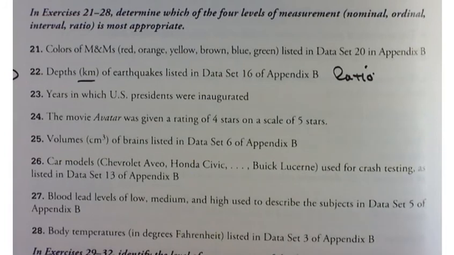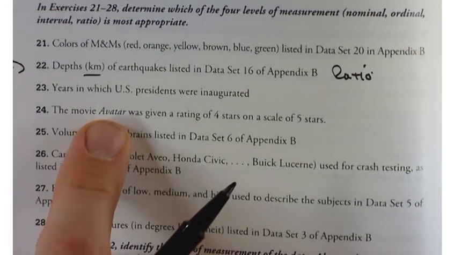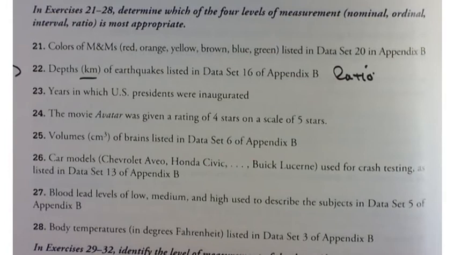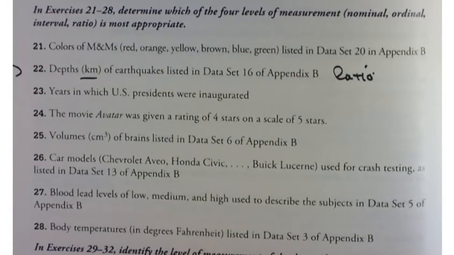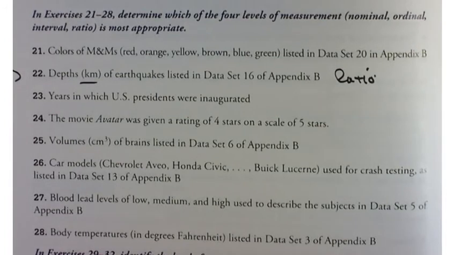Can you order movies by their number of stars? Yeah. I mean, if Rotten Tomatoes gives it a 2 and another movie gets a 4, you can certainly put those in some kind of an order. So this one would be ordinal data.